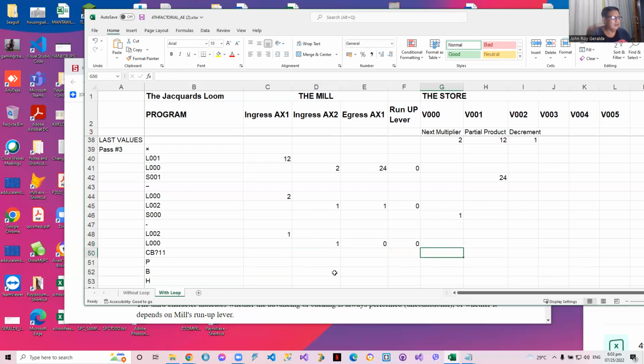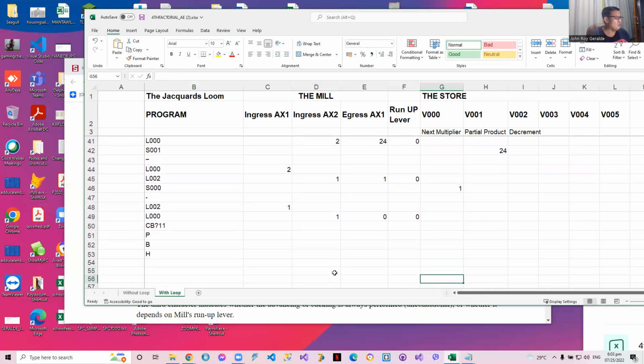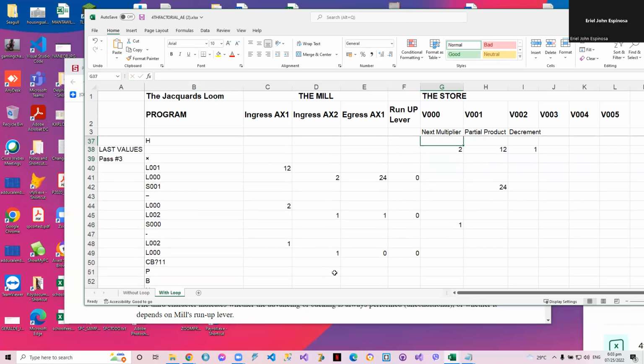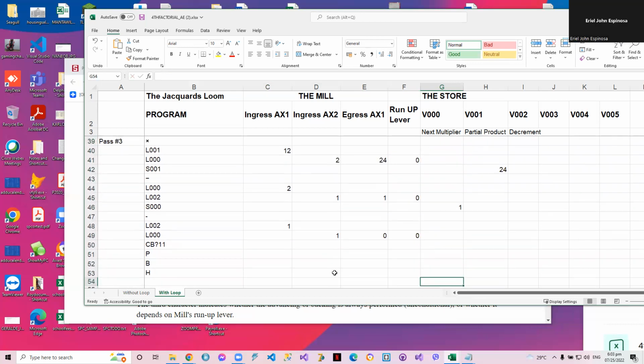Good. What will we do? Move forward or move backward? Move forward. We print, we ring the bell, and we hold. Our final answer is 24. Do you follow?